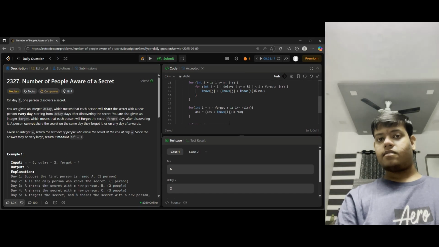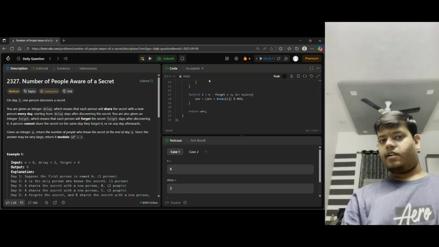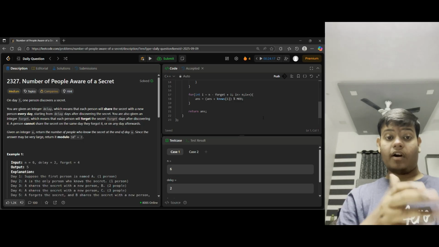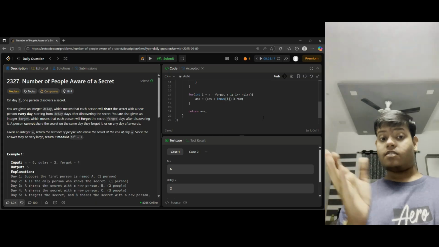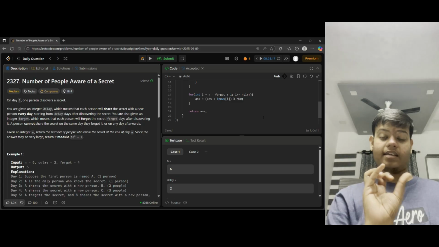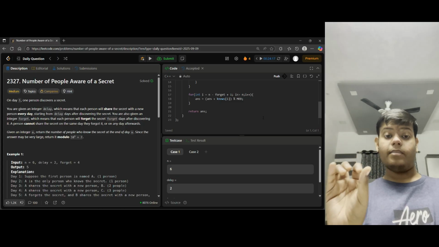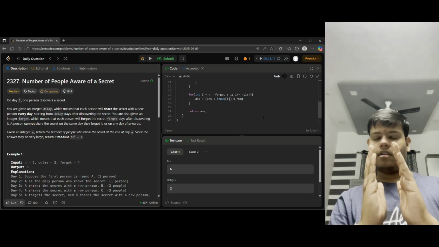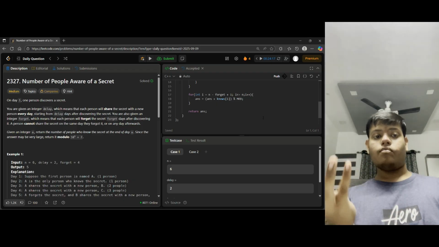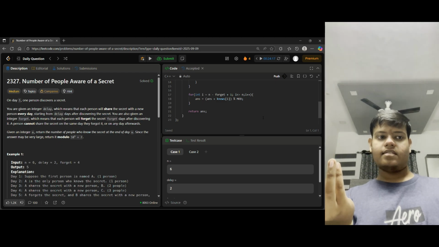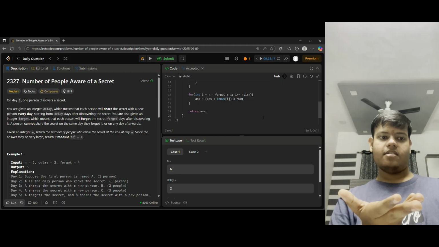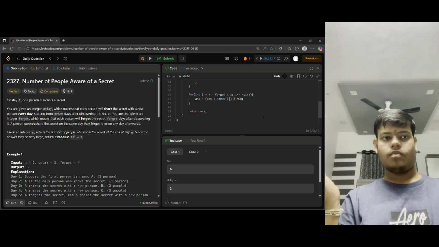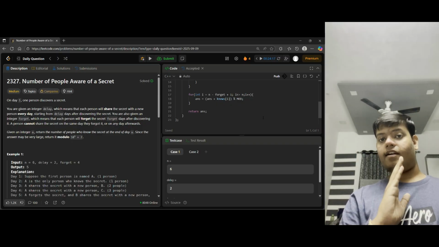And here comes the important part. As we know, people are going to forget things, so only the last forget days are going to determine the sum, because after forget days they are going to forget what they know.